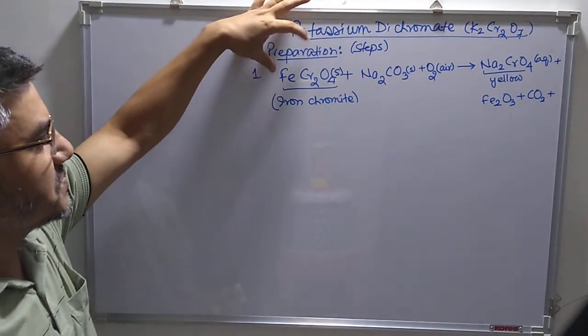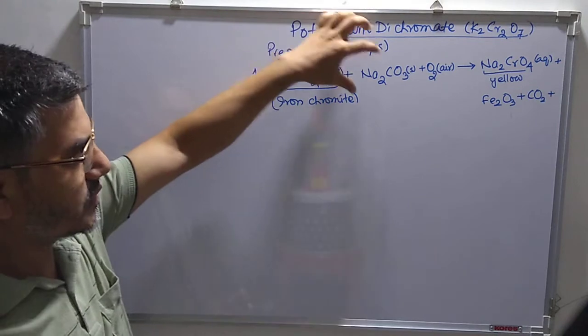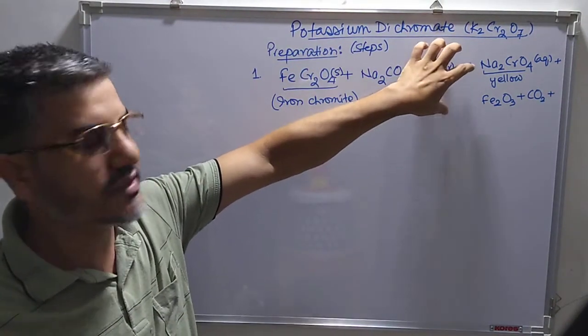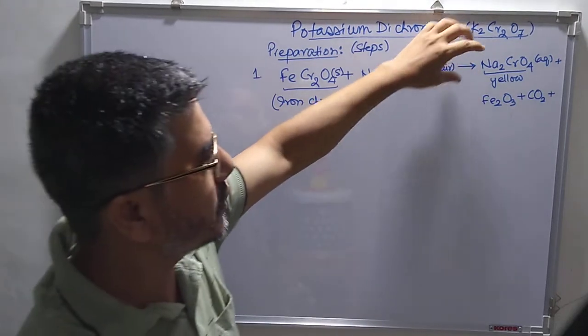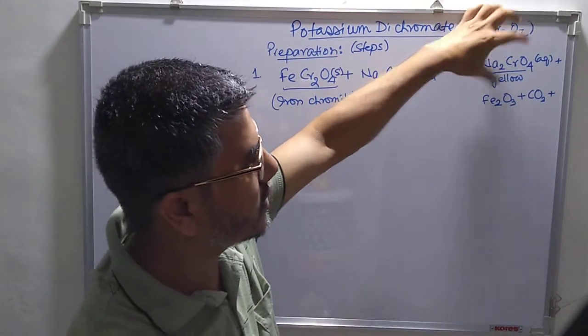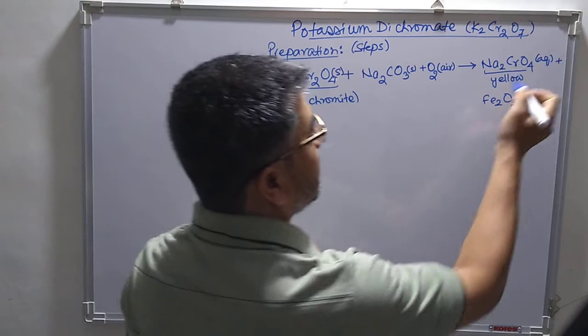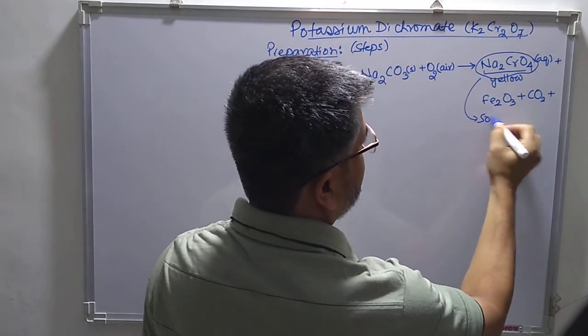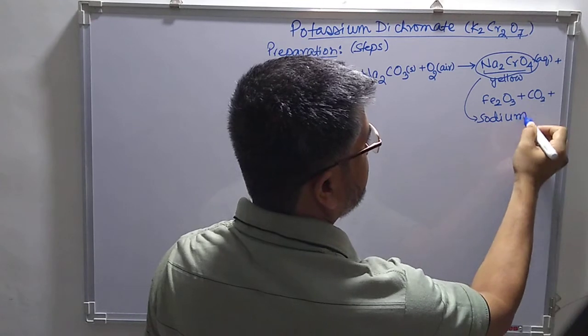So fusion of this iron chromite with sodium carbonate in presence of aerial oxidant, which is an oxidizing agent, gives you a yellow colored sodium chromate solution. This is sodium chromate.